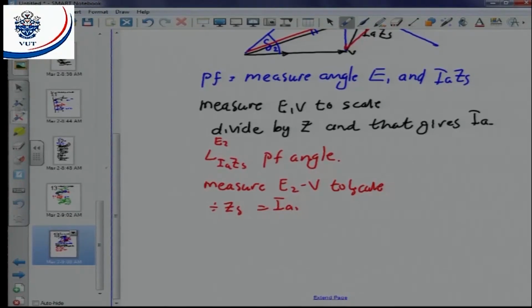Now for question 3, we must determine the maximum power output. Now remember, for maximum power output, our load angle must be equal to our impedance angle.